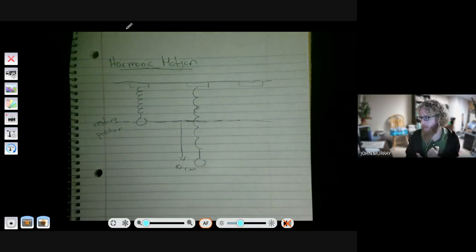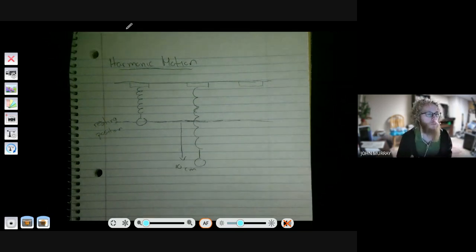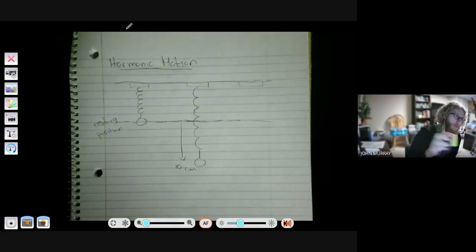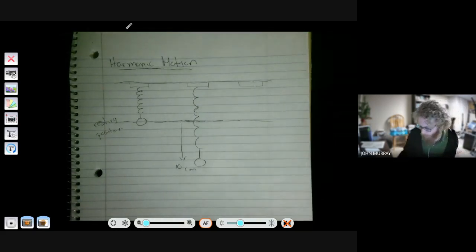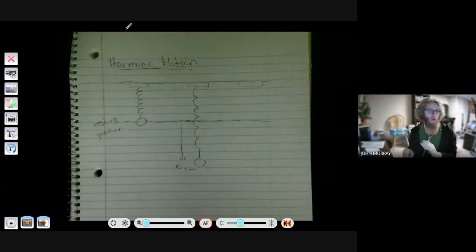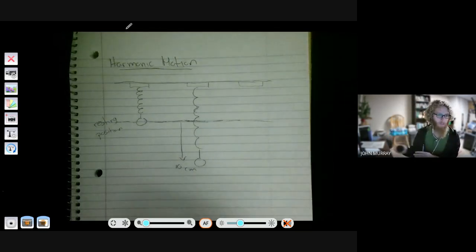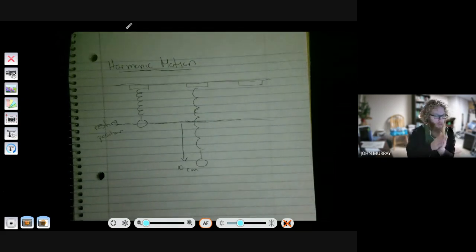So one of Newton's laws is an object at rest stays at rest unless acted on by an outside force, and an object in motion stays in motion unless acted on by an outside force, right? So if I had like this little wheel thing and I pushed it along, without friction, it would go on forever until something stopped it. But friction is the force between two objects when they touch, when they interact with each other.